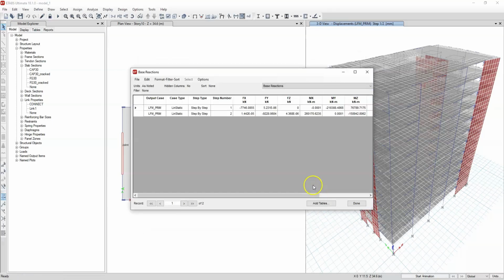To do this, we export the reactions table and look at the reactions in X and Y for both directions, the two steps of the equivalent static load case.